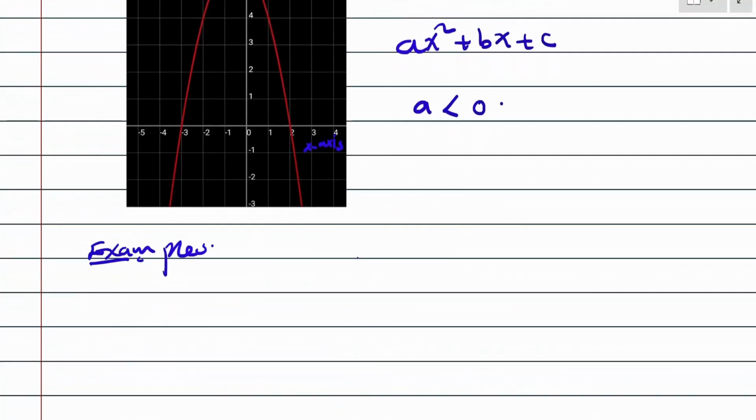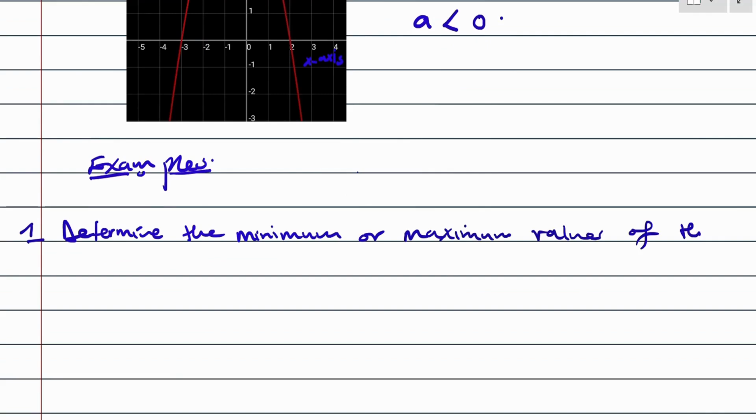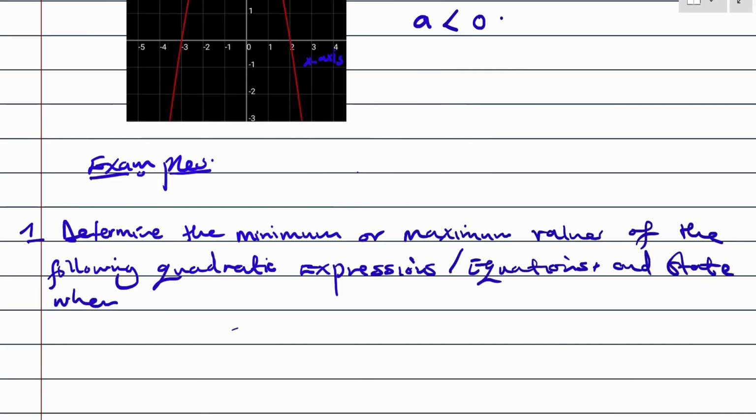We can have examples here, and in these examples we are going to determine the minimum or maximum values of the quadratic equations and also state when they occur. Question 1: determine the minimum or maximum values of the following quadratic expressions or equations and state when it occurs.